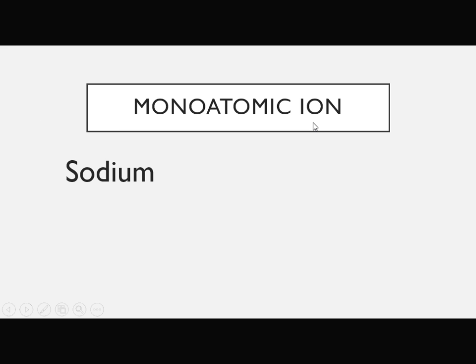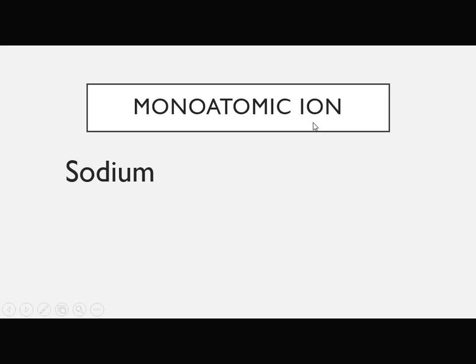Now, let's look at sodium. You did the electron dot notation for sodium earlier in the year, and if you find sodium on your periodic table, you know that sodium's a group 1 element. It's an alkali metal. So, sodium has one valence electron on its outermost energy level.